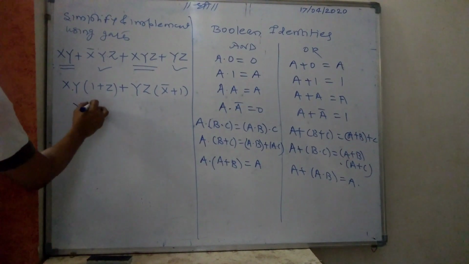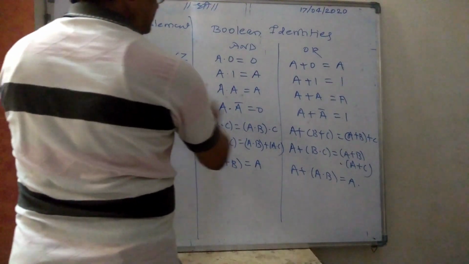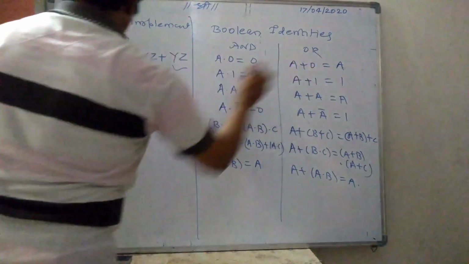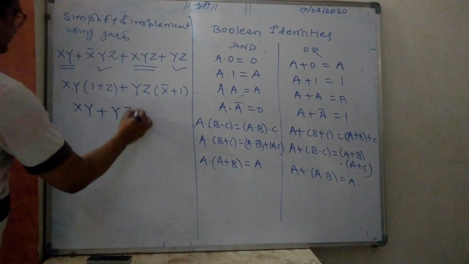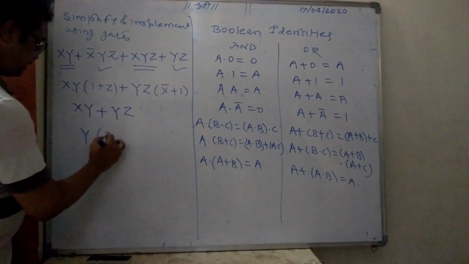So this will be xy. Plus yz: x bar plus 1 will also be 1, in place of A there is x bar. So it is yz. If these two terms are combined, then y is common: y(x plus z).